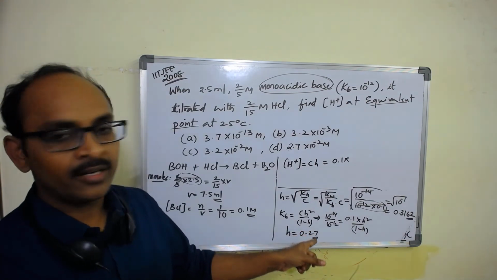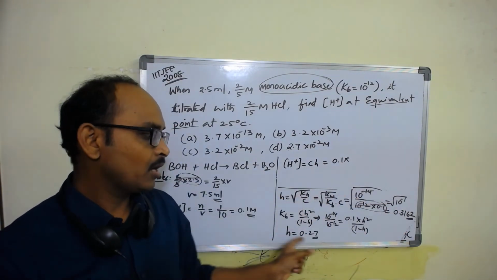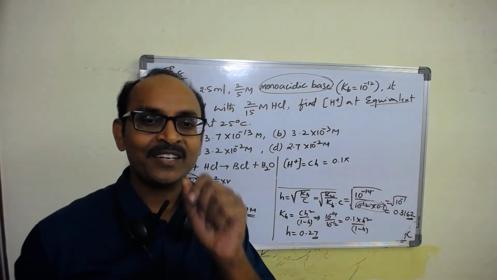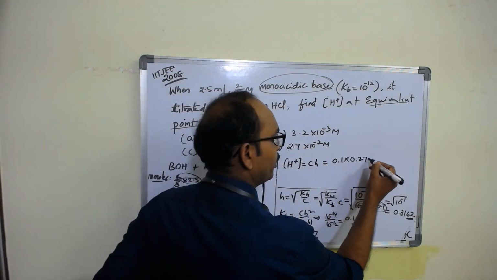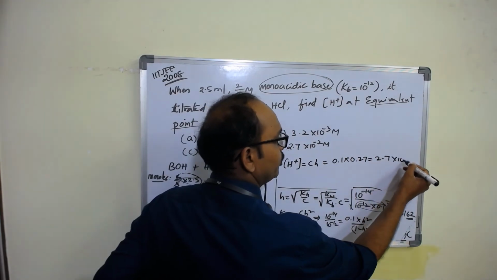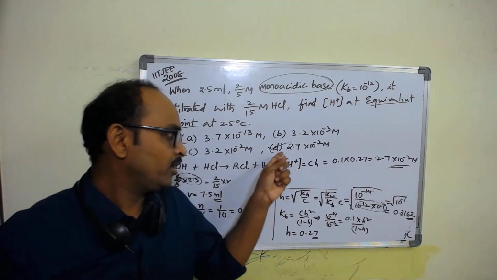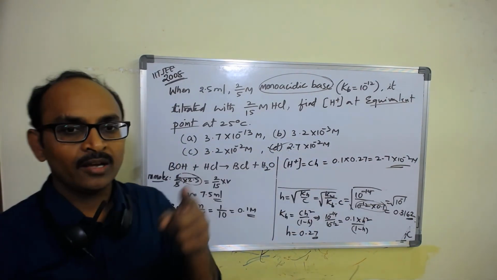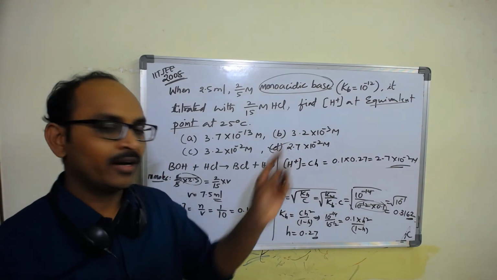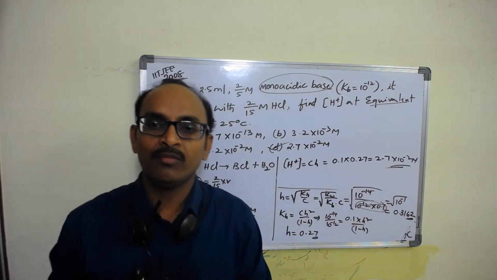This is the correct h value, not the earlier one, because that was with approximation. This is after substituting the exact values. So it is 2.7 into 10 power minus 2 molar. That will be option D. Absolutely correct. If you make this mistake, you will get option C, which is wrong. You have to get the correct one, option D. That's why you should be careful while solving the questions.